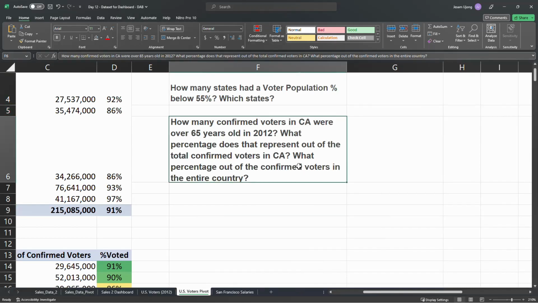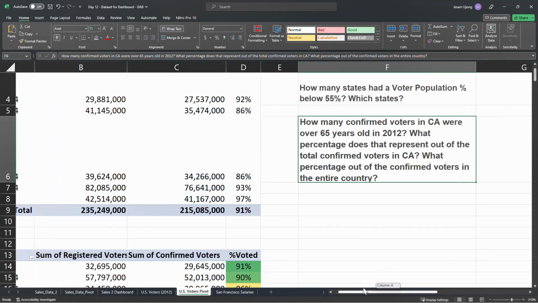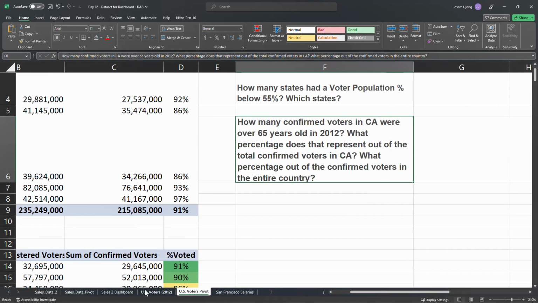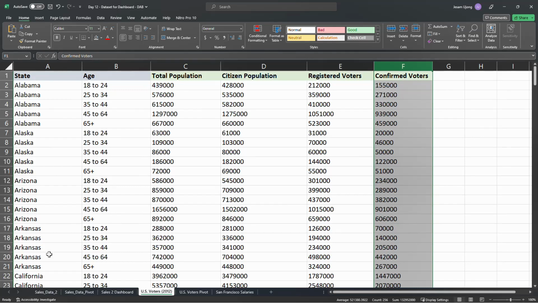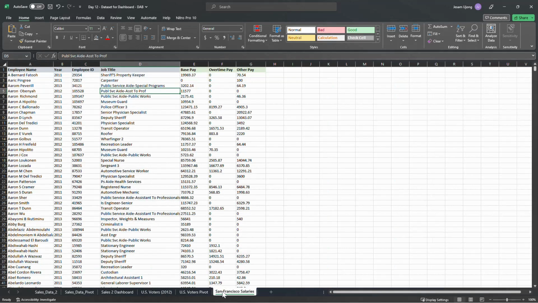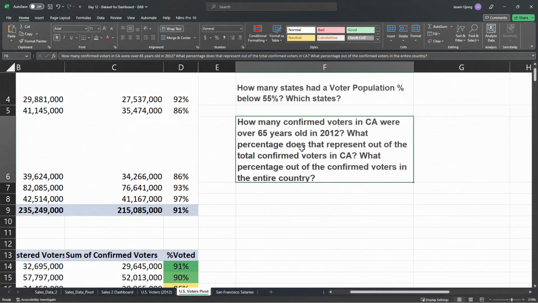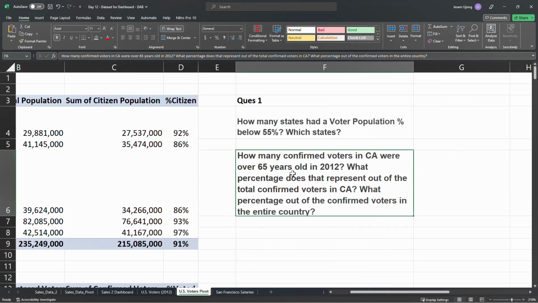How many confirmed voters in CA? Sorry, I guess CA is California, right? Yeah, I think CA is California. So how many confirmed voters in California were over 65 years old in 2012? Of course, we're working with 2012 data.